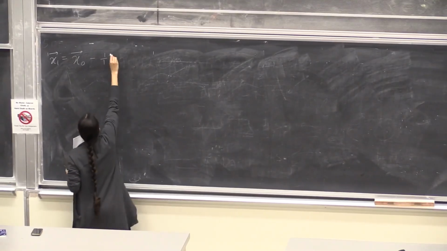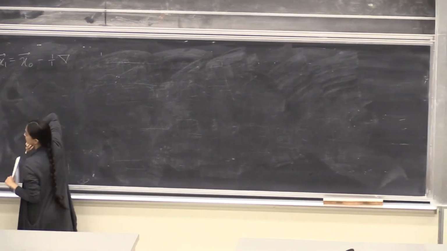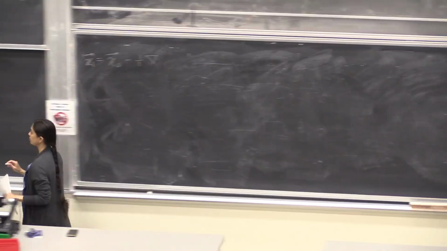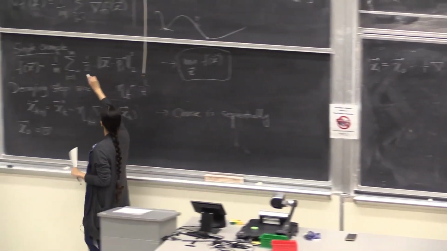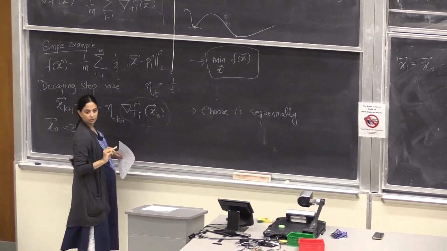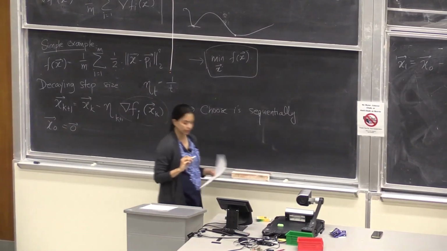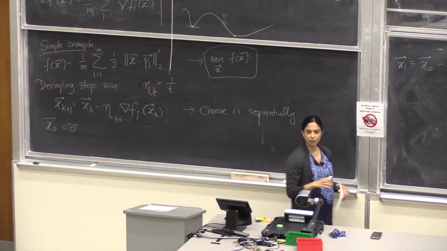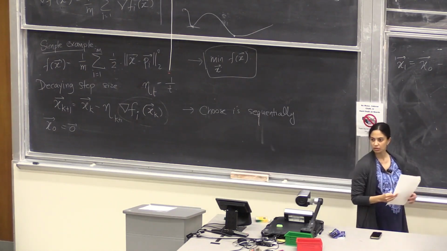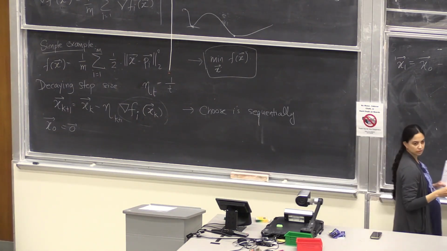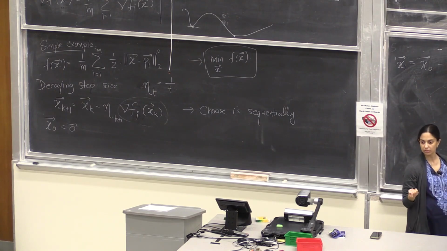And then what is the gradient I'm going to take here? I'm going to take the gradient of 1/2 x minus p1 squared, right? What is the gradient of that? It's just x minus p1, right?